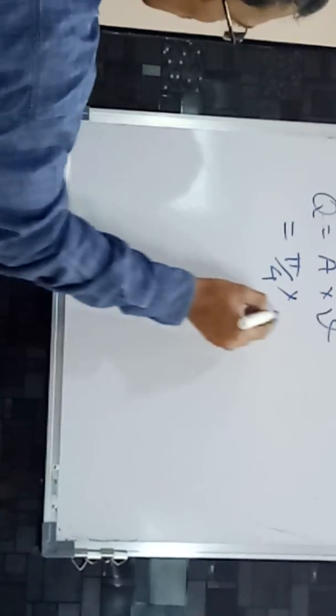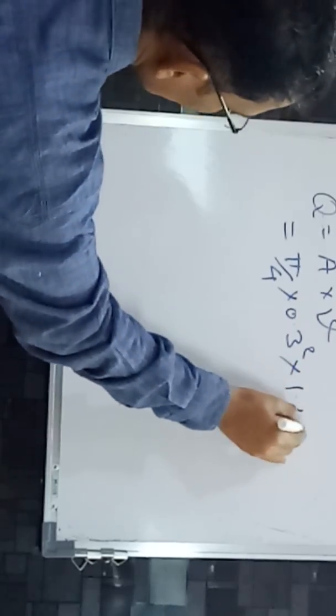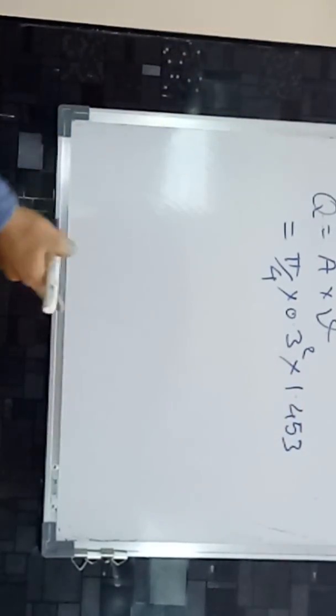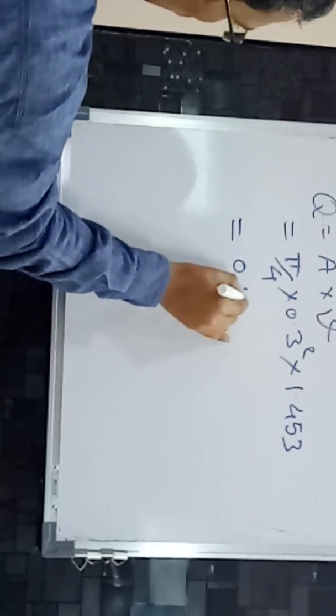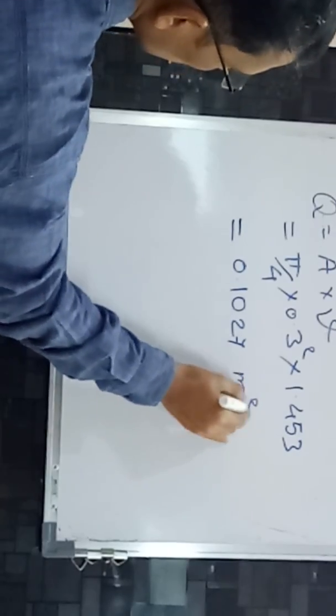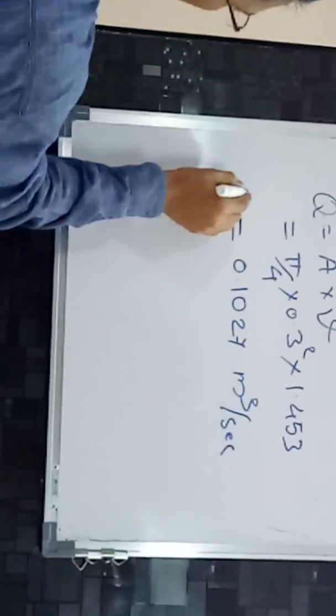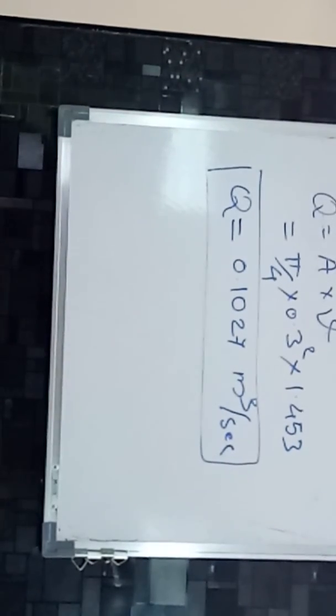What is d? 0.3 squared. Velocity is 1.453, the average velocity. So ultimately you will get 0.1027 meter cube per second. This is your discharge. Okay, this is the way to solve such type of numerical. Okay, thank you.